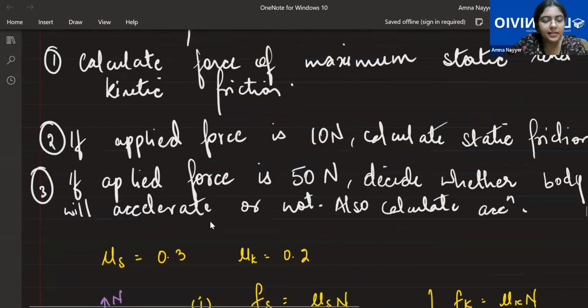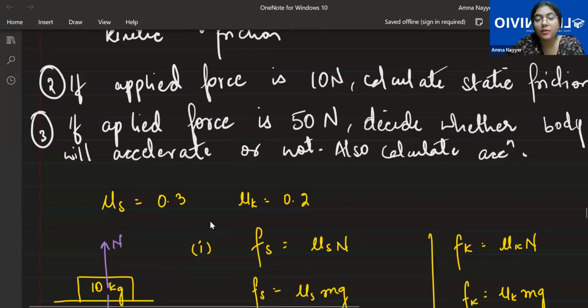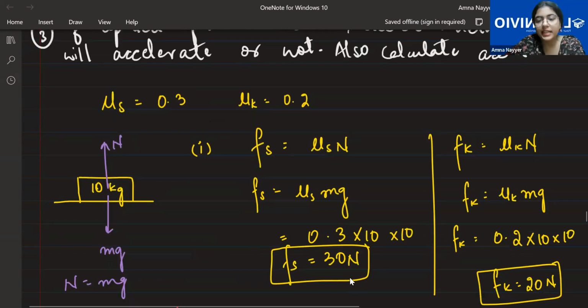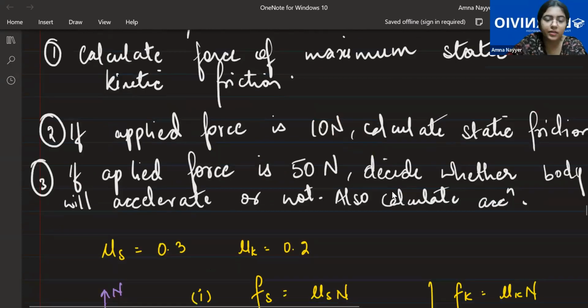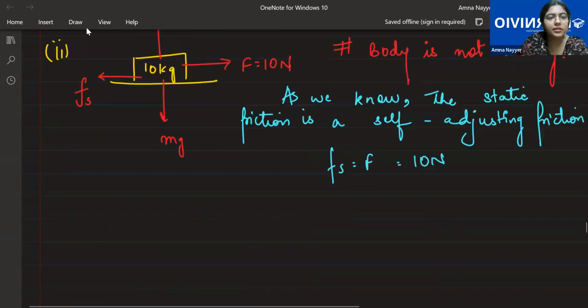Then it says third part, if applied force is 50 Newton, decide whether body will accelerate or not, and we have to calculate the acceleration also. Look, static friction is 30 Newton. Kinetic friction is 20 Newton. So it says if applied force is now 50 Newton.